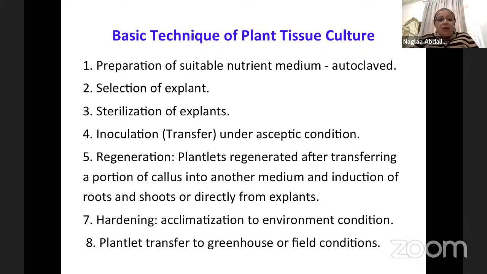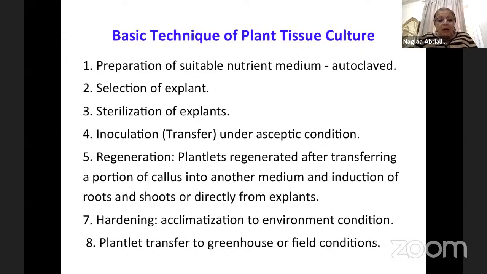It has to be sterilized, so we will not have any contamination. Incubate under aseptic condition with suitable nutrition. Then we will develop regeneration. We have plantlet, shoot and root, either going through callus or without callus, direct or indirect. After we have the plantlet in the jar, we need to acclimatize them.